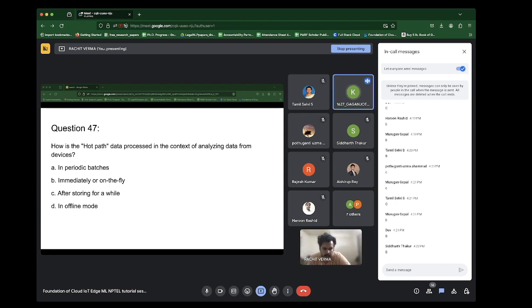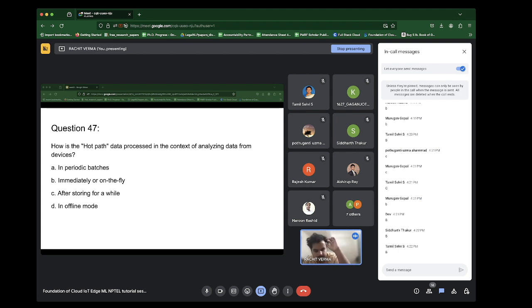Sir, can you explain what is batch processing? Yeah, so what happens in batch processing is, let's say you have a lot of data that is coming in. One of the cloud servers or edge servers will accumulate the data for some time, right?